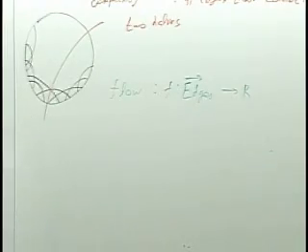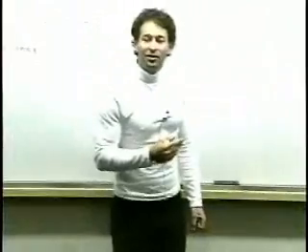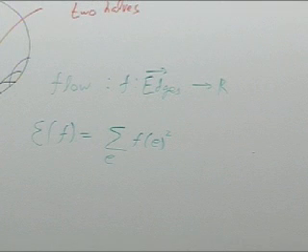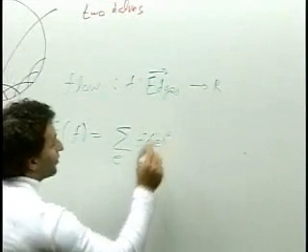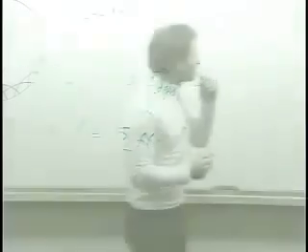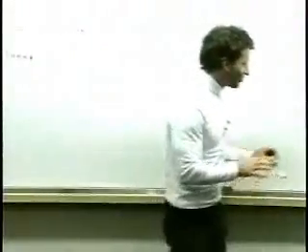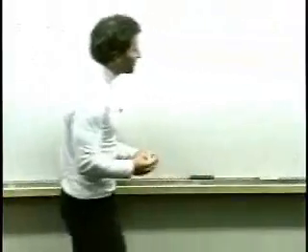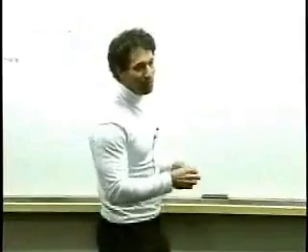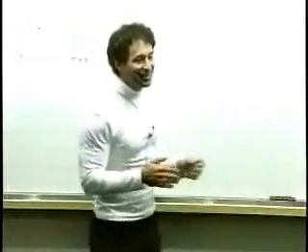And recurrence is equivalent to having no flows with finite energy of a certain type, where the energy of a flow f is the sum over all the edges of f of e squared. So recurrence is equivalent to having no flows with finite energy, with certain other conditions, from a point to infinity in the infinite graph.